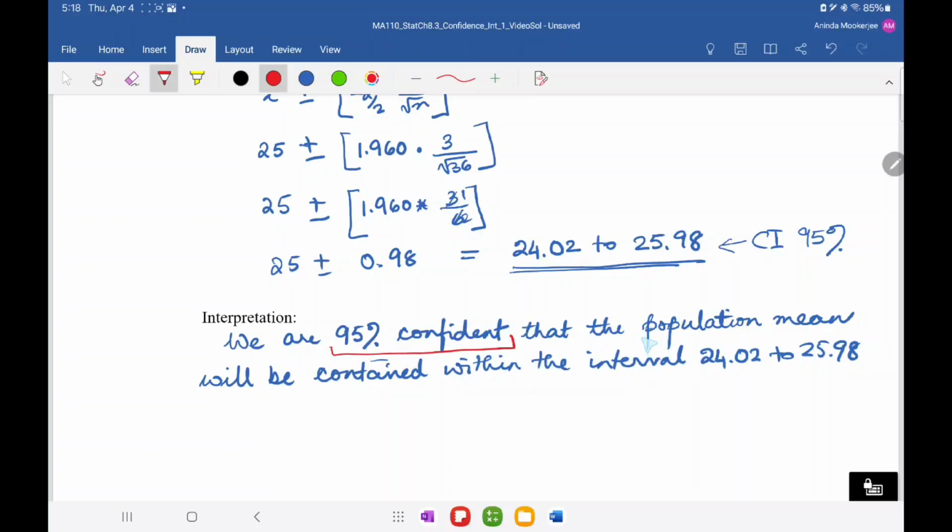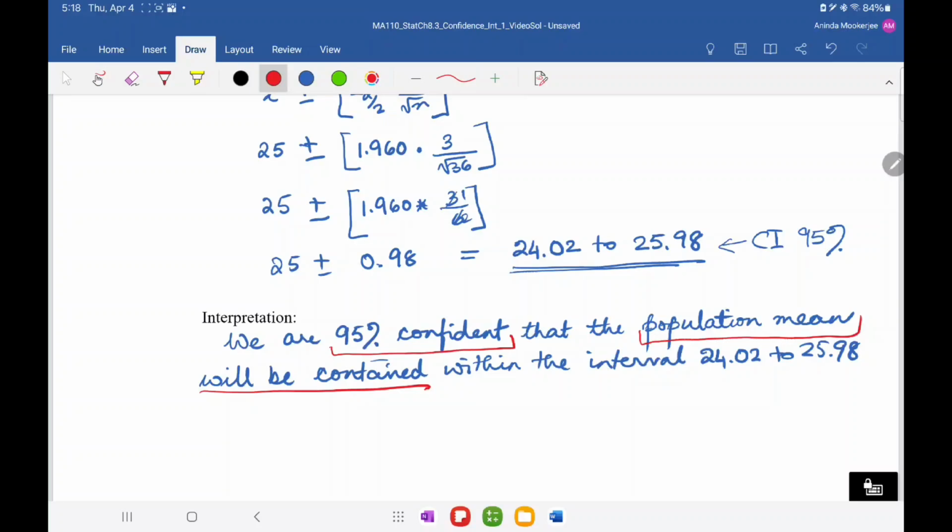Then the next phrase is the population mean will be contained. It's not the sample mean. Make sure you mention the population mean. We are drawing inferences on the population mean, not the sample mean, which is a precise value.